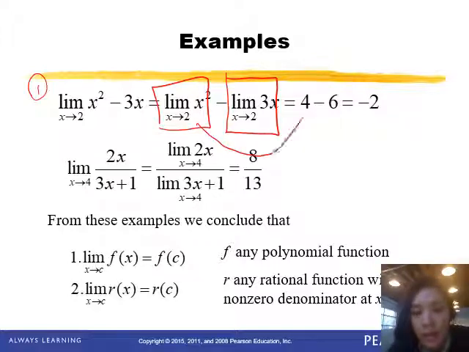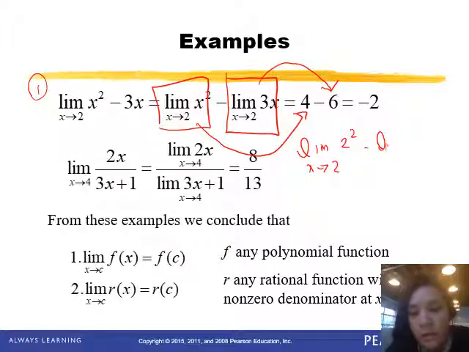You can see that right here. This is this answer. And the limit as x approaches 2 of 3x, if you just plug in that 2 for the x, is 6. So in case you're wondering, the limit as x approaches 2 of x squared would be 2 squared, right?